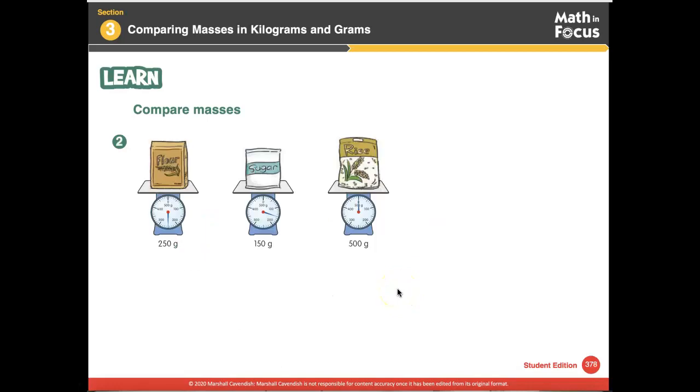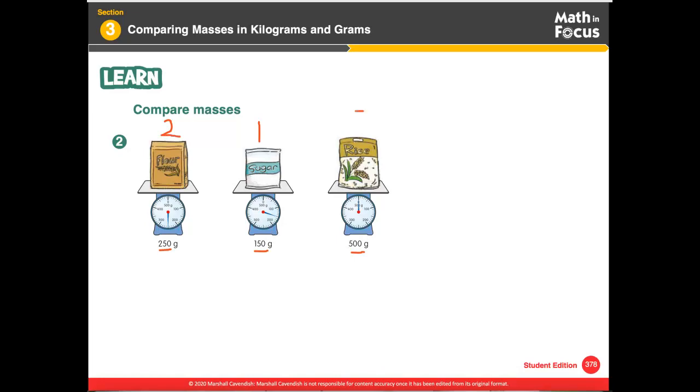Now, if we want to compare these, they are in grams. If we look at the numbers, that would be the easiest way to compare. So this is 250, 150, 500. If we're ordering this from least to greatest mass, this would be the first one. That's the lightest because it's 150. Then this would be 2 because it's 250.